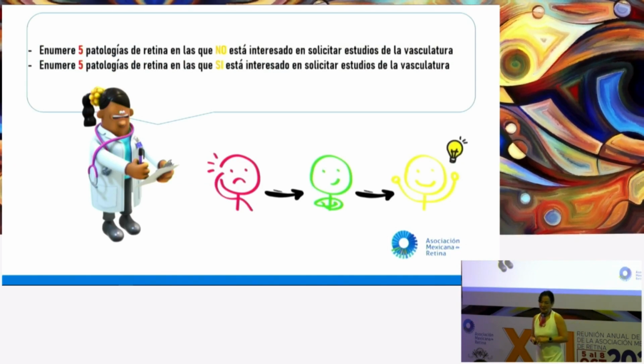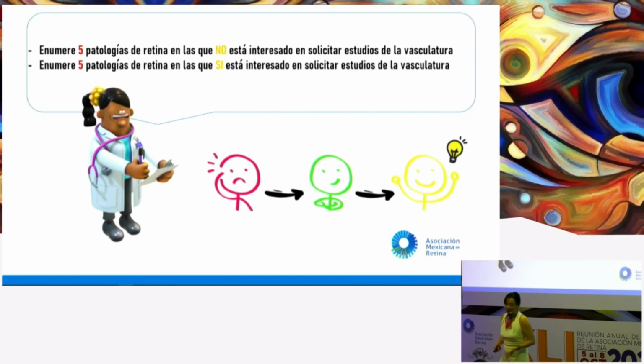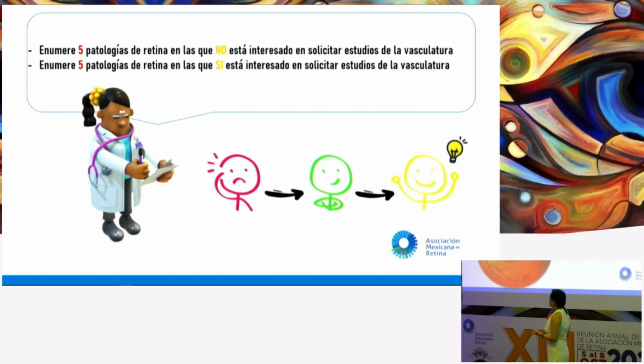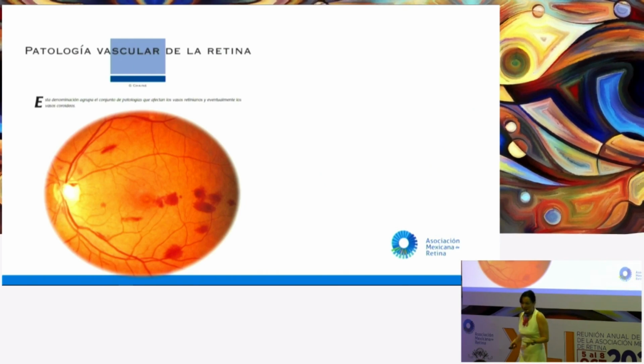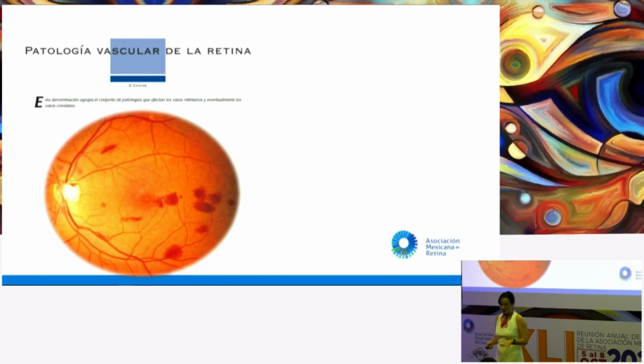How did you go with the list? I'm sure that it's done by all of you. And I should say that the one you found easier is the one with pathologies you are interested in studying the vasculature. This is because the retinal vascular pathology is extensive. It is a pathology where there are alterations of retinal and choroidal vessels.